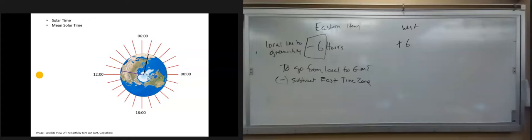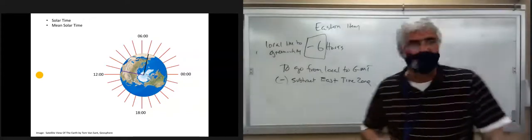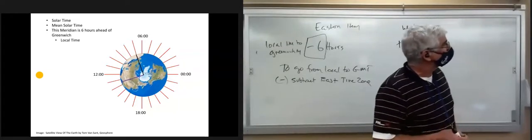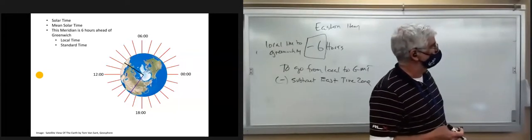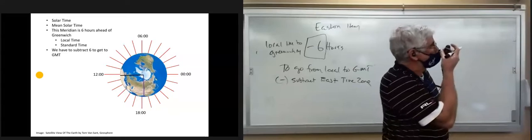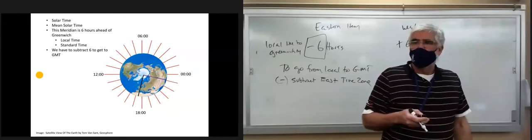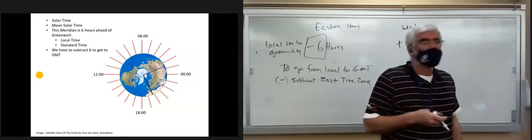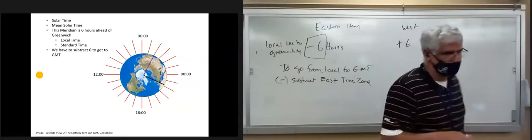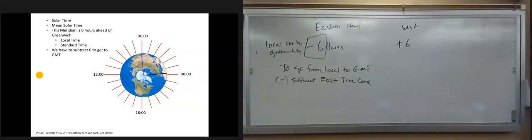This is how we name our zones. So, standard time, and so on. We have to subtract 6 to get to GMT. Olivia, what if I told you, wait a second, we're going like this.